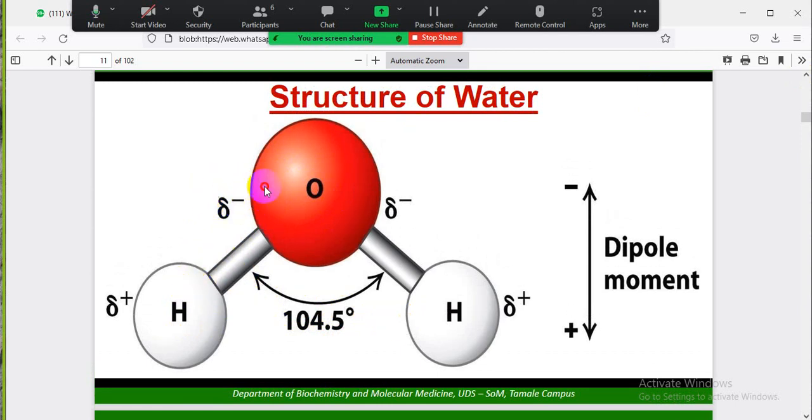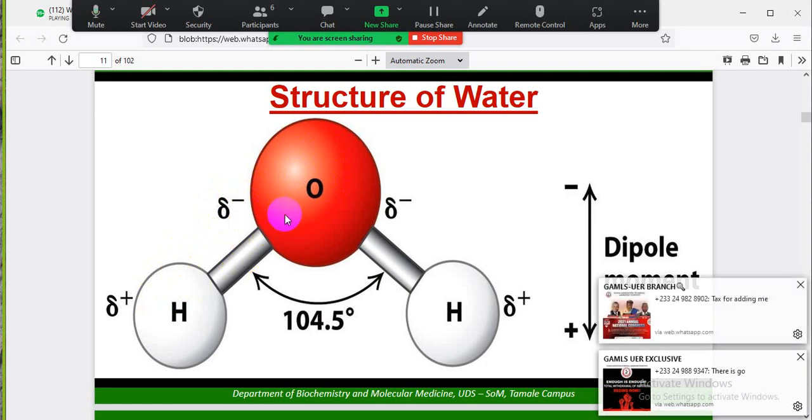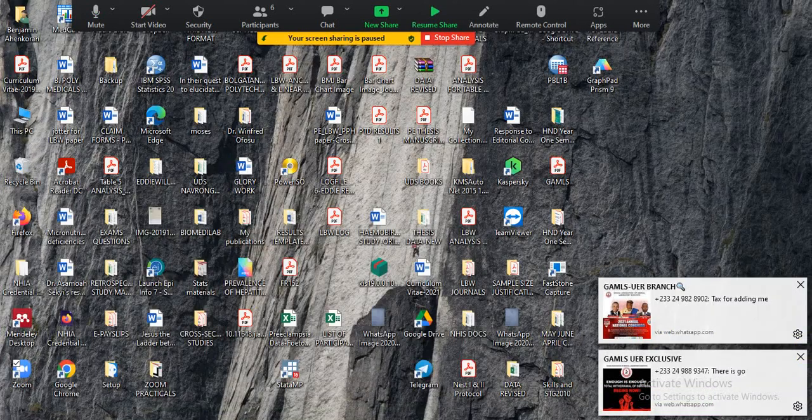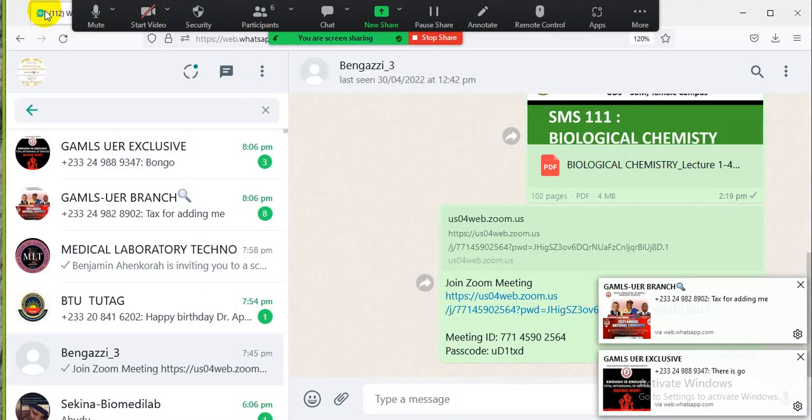This one has 2 minus, so it will be pulling the force towards itself. This one too will be pulling the force towards itself. So that is water for you.